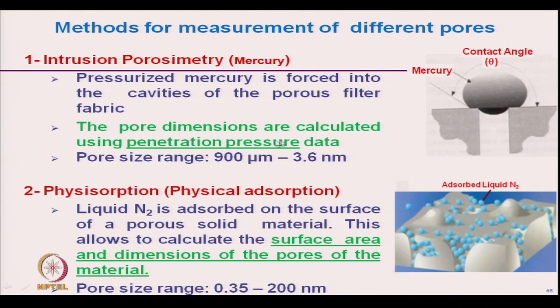The pore dimensions are calculated using penetration pressure data. That means, if the penetration pressure is high, the pore diameter will be low. So, depending on the pressure applied for penetration, we can calculate the pore dimension. This technique is used for pore size range between 900 micron to 3.6 nanometer.